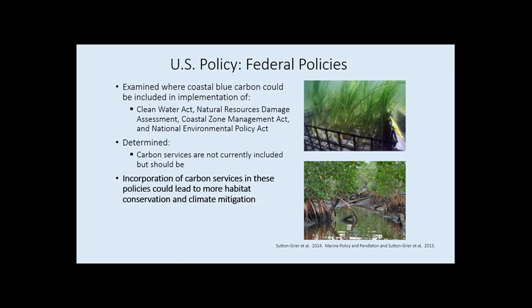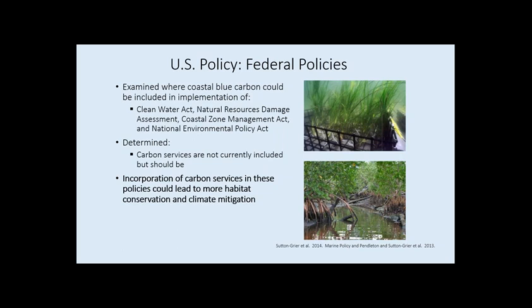The issue is that we tend to do that assessment based on living resources. So we tend to look at the biomass or the number of stems of a particular plant that are going to be impacted. We look at things like bird nests or turtle nests that might be impacted, for example. We don't typically include the soil component. And based on the data I showed you before, suggesting that these coastal wetlands store significant amounts of carbon below ground, providing a carbon service that's very important, the fact that we don't consider those carbon services suggests that we're really underestimating the benefits being provided by those coastal wetlands.